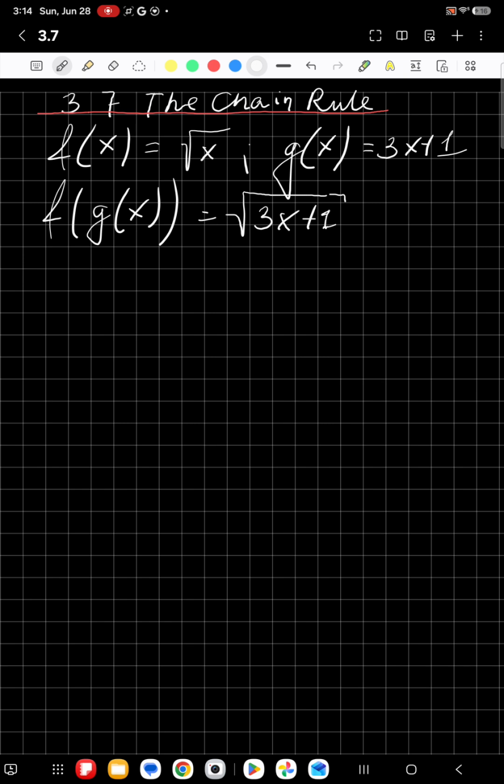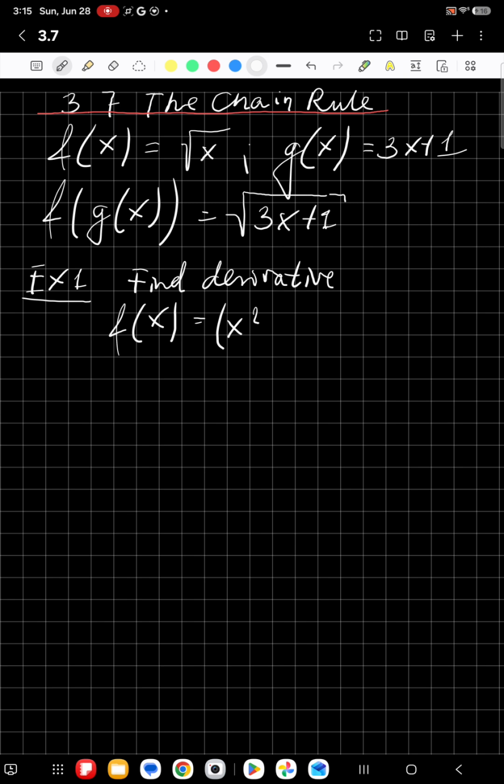Let's start with an actually different example, something a little bit simpler. Example 1: find the derivative. f of x is x squared plus 1, and that's to the third power.